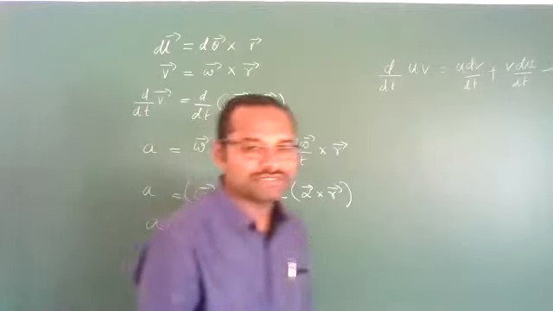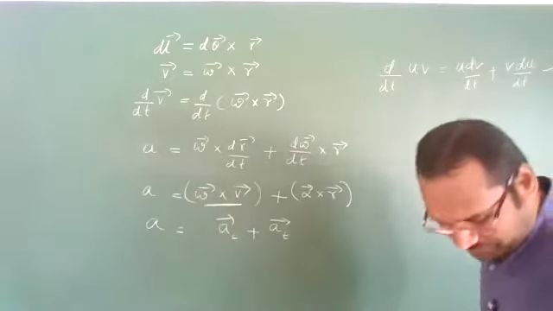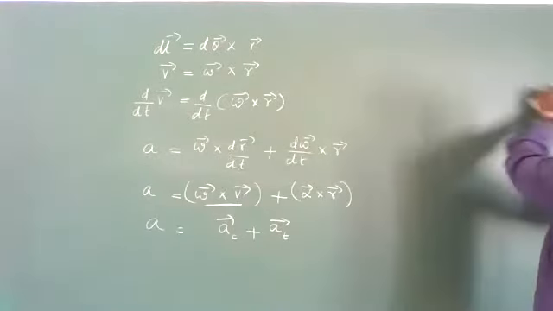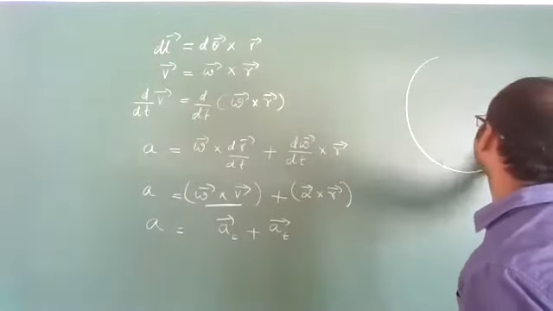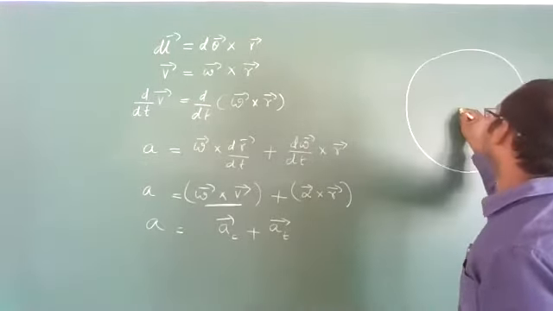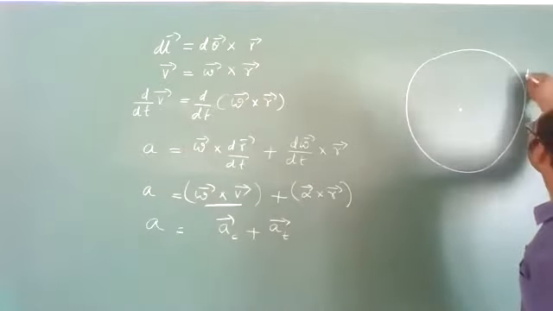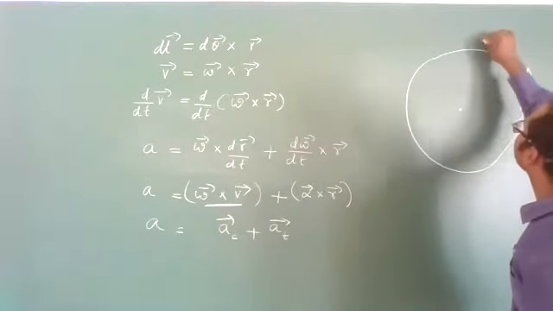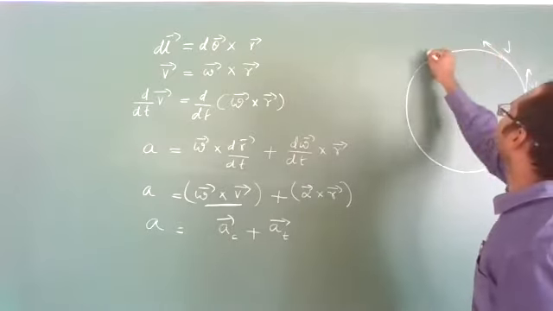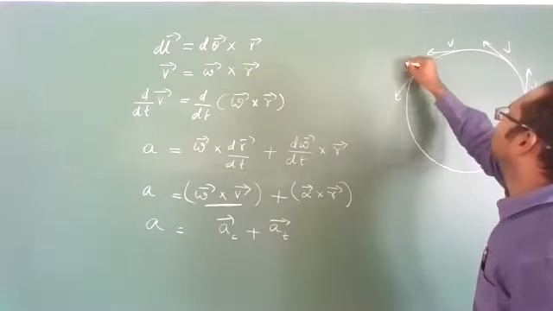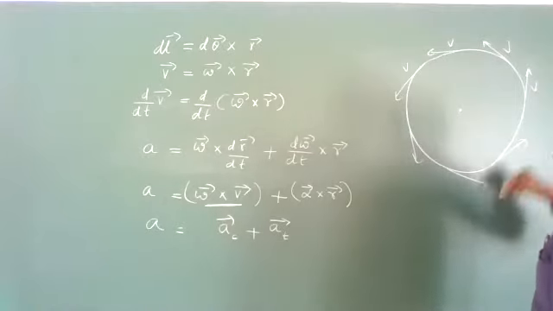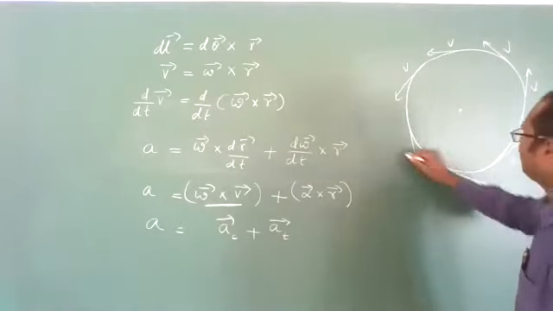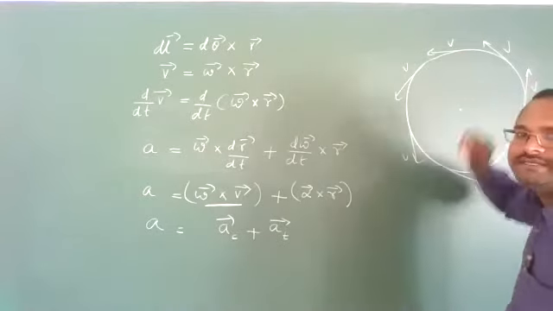Tangential acceleration means, listen: if a particle is rotating in a circular path like this, it is changing its velocity at each and every instant of time, because its direction is changing continuously.